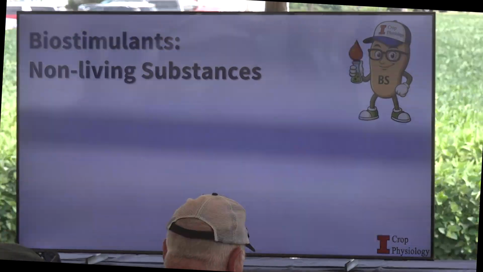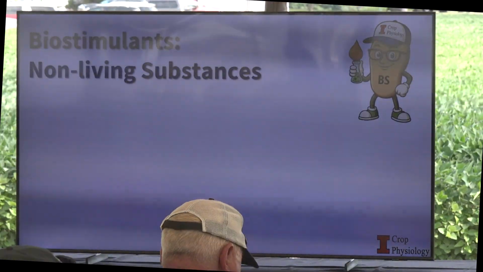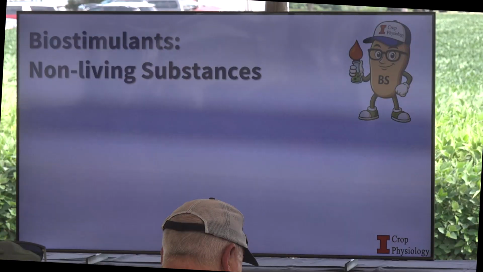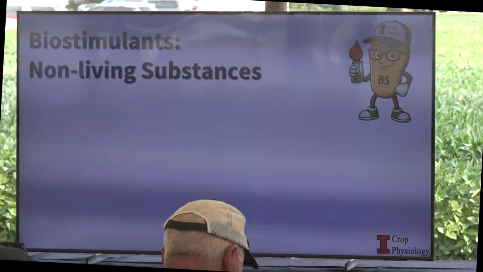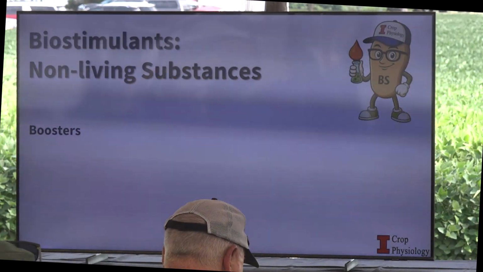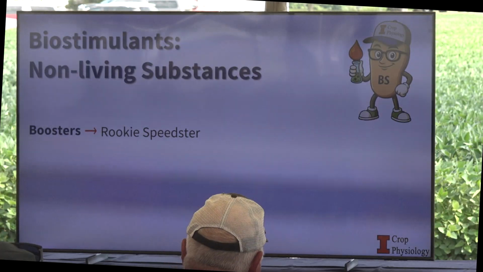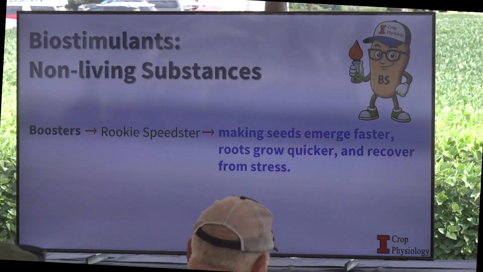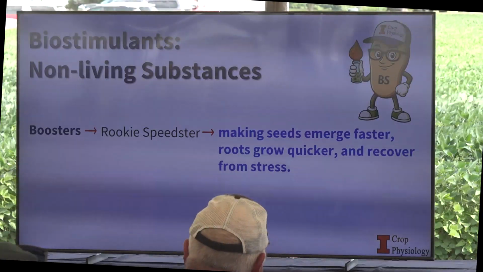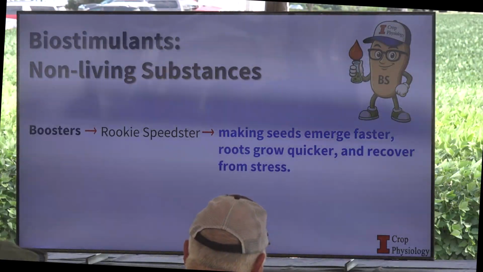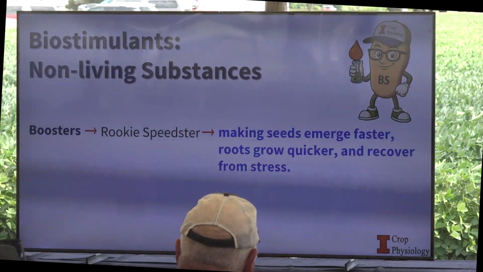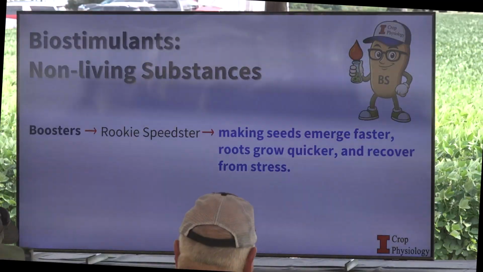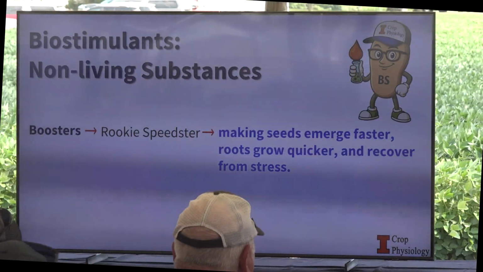How about biostimulants? These are the non-living substances. And I have a very big group here that I call the boosters. They are the rookie speedsters on the team. They will be there to support the seeds to emerge faster and more vigorously, make the roots grow quicker, and also help the plants recover from stress.